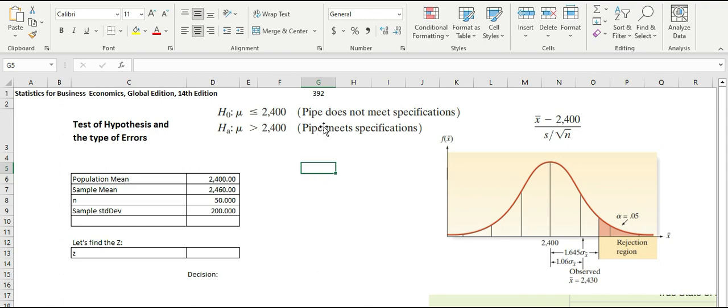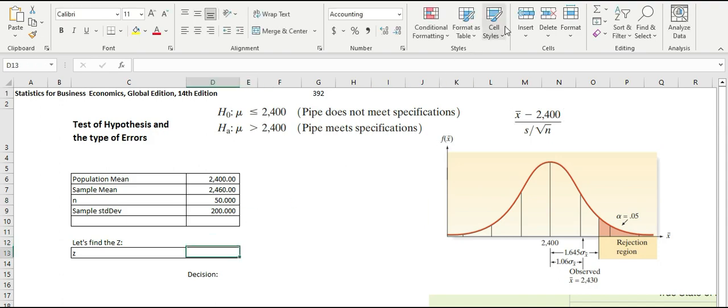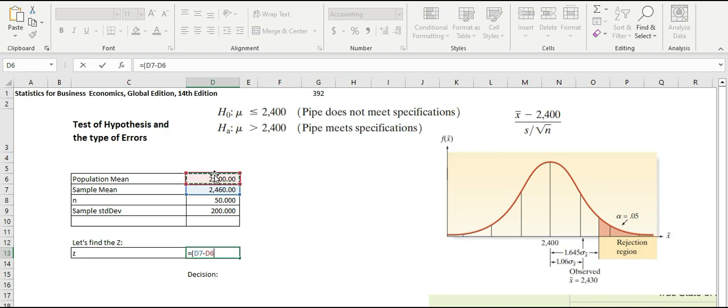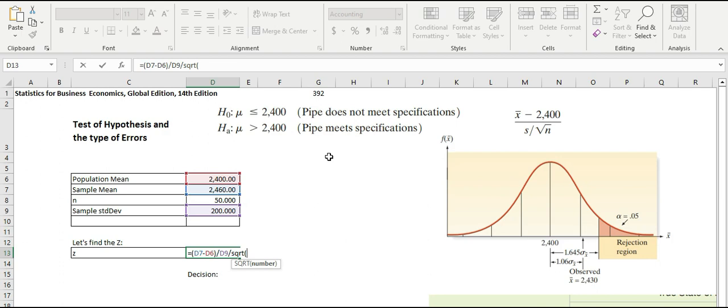To get the z value, we will use this formula. What we're going to do is take the sample mean minus the population mean, over the sample standard deviation, over the square root of the sample size.